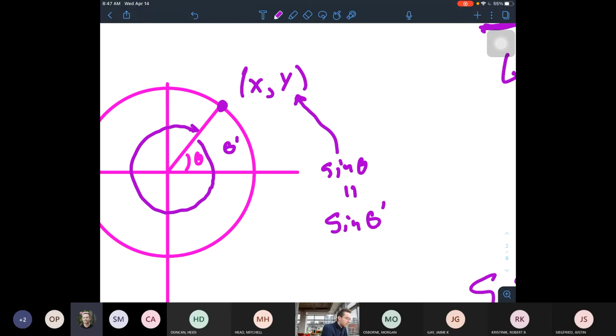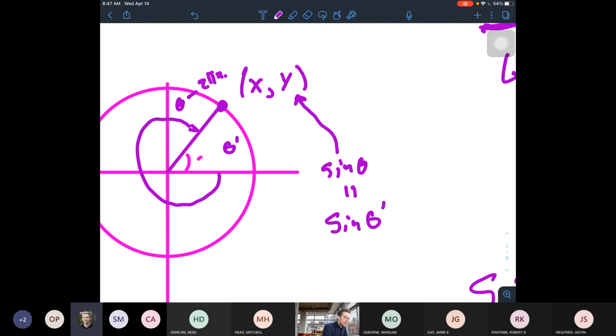So here is theta minus 2 pi n. If we measure it from our original axis, it looks like this. So this is the angle theta minus 2 pi n. So subtracting 2 pi n, we still get a coterminal angle.